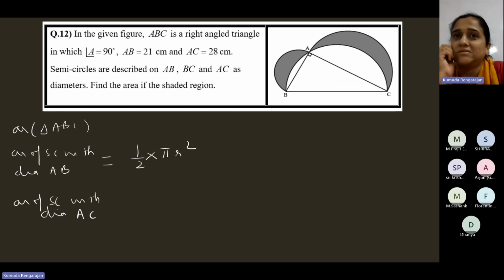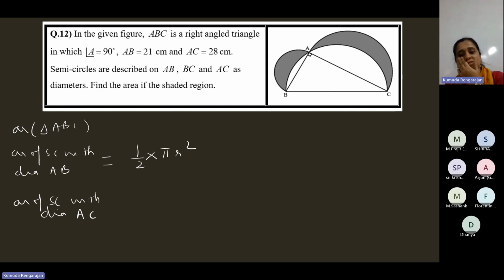Then take the value of pi. If it's not divisible, don't take the value of pi. You can have everything in pi and then once for all you can substitute. Just remember these ideas. Once you work, you will get it clear. Here you can take pi as 22 by 7 because you have multiples of 7 here: 21, 28, 35 also.